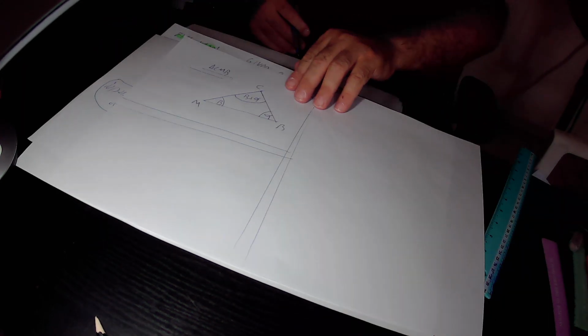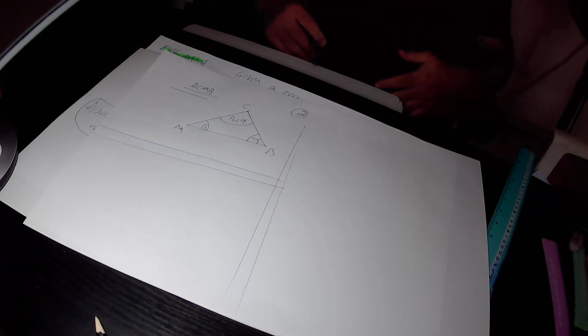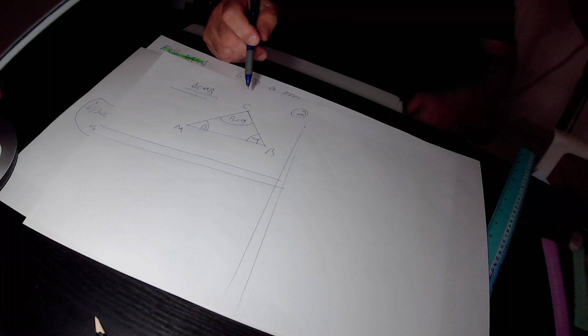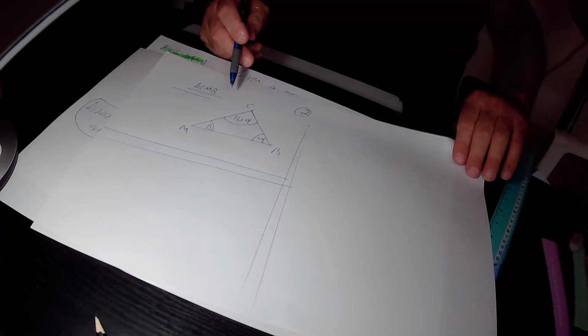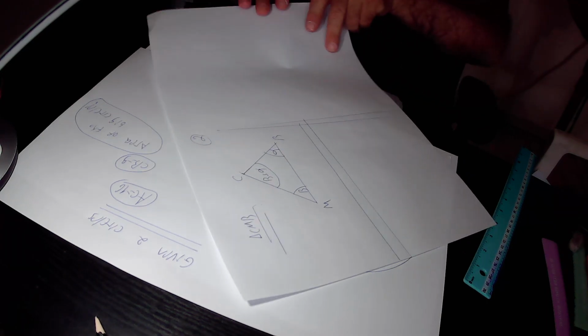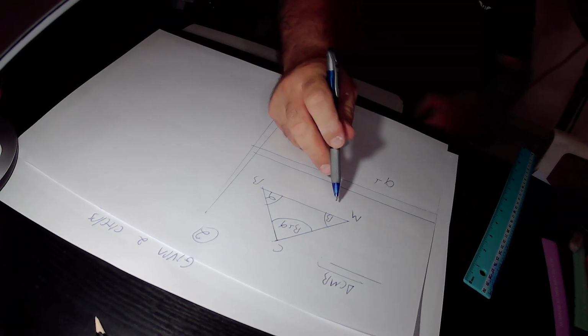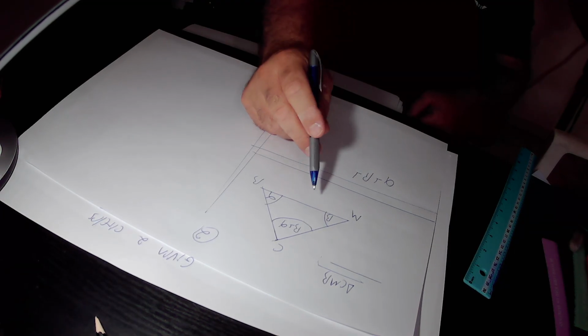So actually, this is triangle CMB that I copied from the original drawing. We know that the sum of the angles in any triangle is equal to 180 degrees. It is true in any triangle, and especially it is true in this triangle CMB. So which angles do we have in triangle CMB? We have this angle alpha, plus this angle beta, plus this angle alpha plus beta.